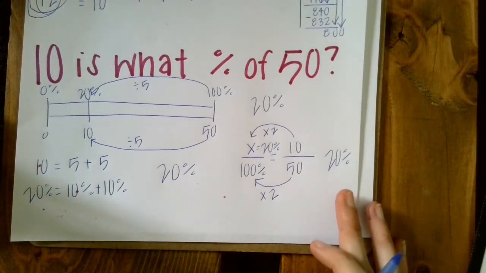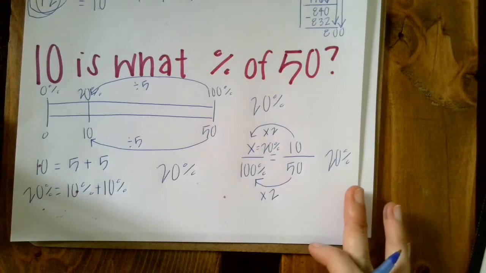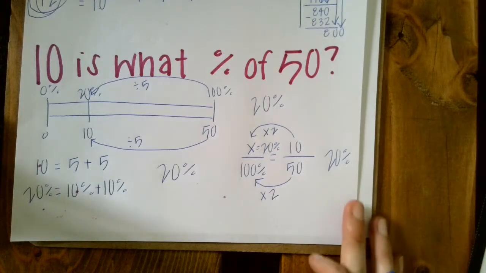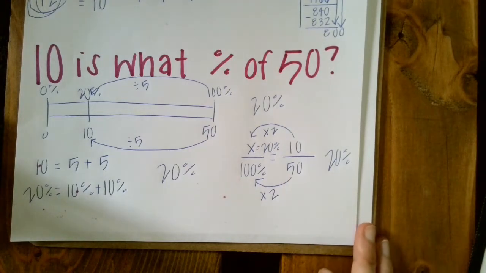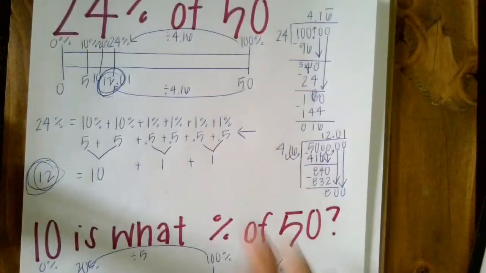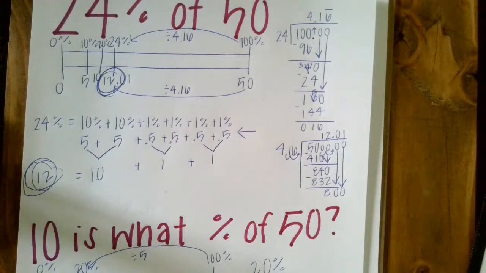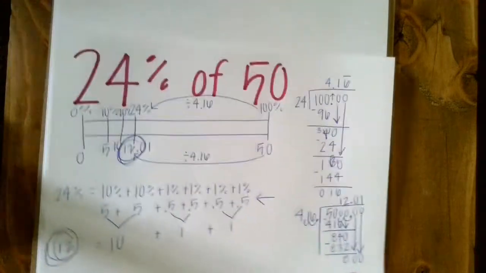As I was finishing wrapping up the video, I thought of a fourth way that potentially you would want to do it. This fourth way is actually the way that I prefer to do it, and it's the way that I do it all the time. Whenever I go get my hair done and I have to figure out tip, I will use this method. So it is more of a formula-based method.